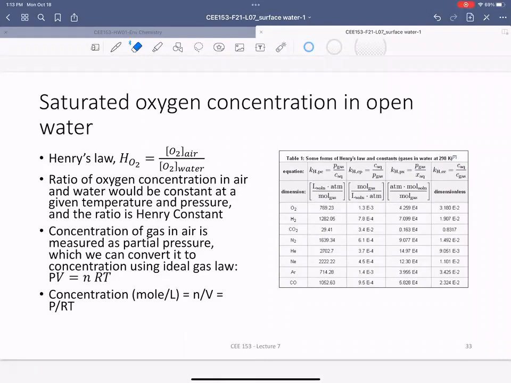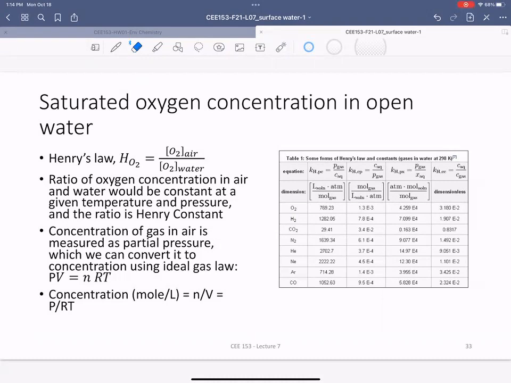It could be the ratio of concentration in water to air or air to water. Just by looking at the unit, you can tell which it is. So the Henry's law constant is basically a thermodynamic constant that determines how much oxygen is going to be in water based on the concentration of oxygen in the atmosphere.